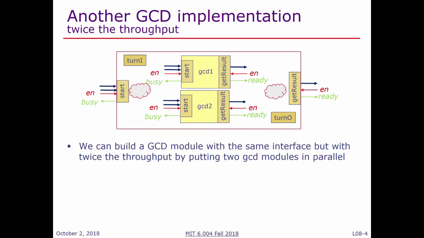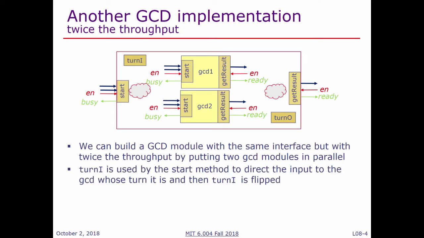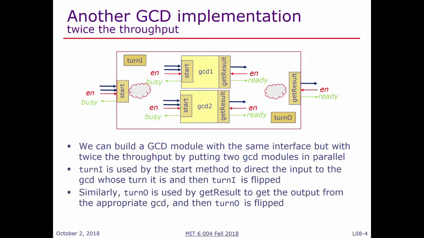And notice, in the implementation of GCD, I'm using a slower GCD inside it. So you are really getting some feel for the power of this abstraction in this. And as I explained, turn I and turn O are used to direct the input or to pick the right output out of the results that are being computed.